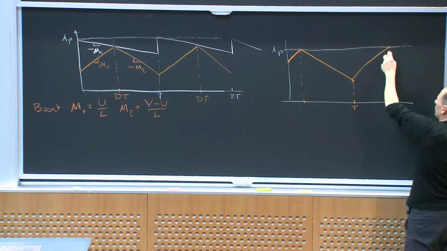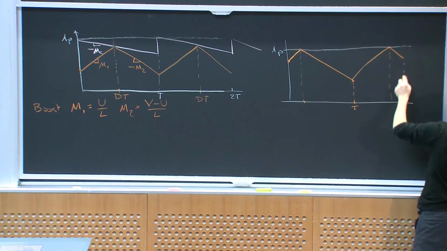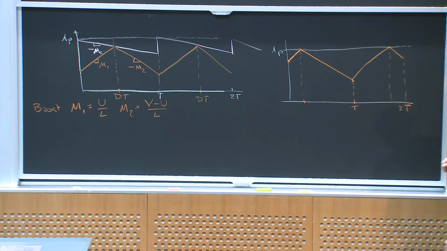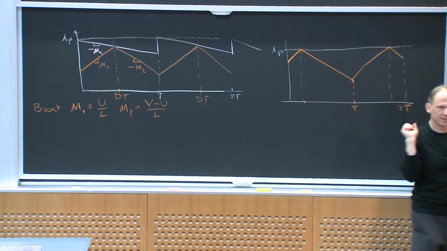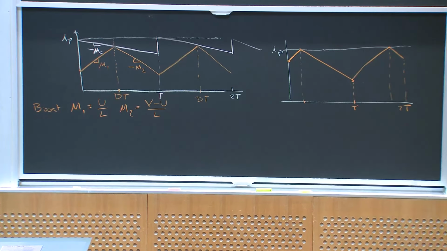It hits here. Here's my duty ratio in this cycle. And then it turns off, and I hit the end of the cycle, 2T, right? And you can see that I don't settle down into periodic steady state operation at the switching period, right? In this example, it sort of repeats every other cycle, okay?